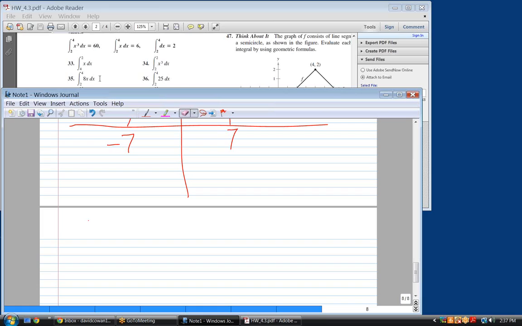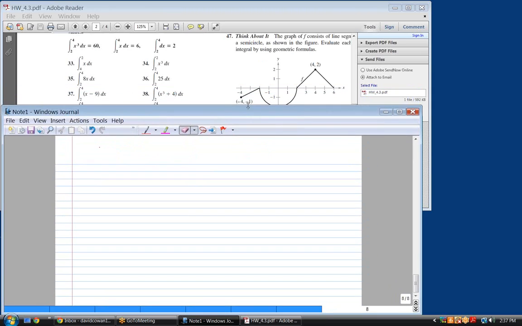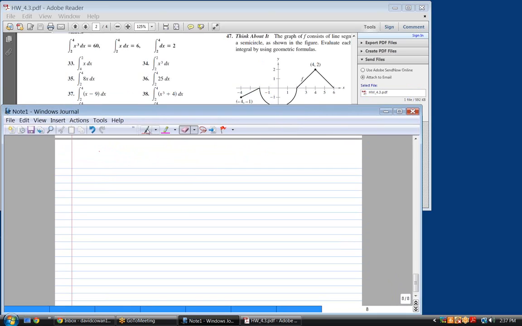So if we know that the integral from 2 to 4 of x is 6, and it has an 8, can we just take 8 times 6 to get the answer? Yes. You can always pull constants out. The integral of 8x is equal to 8 times the integral of x. You can pull constants out, but you cannot pull variables out.